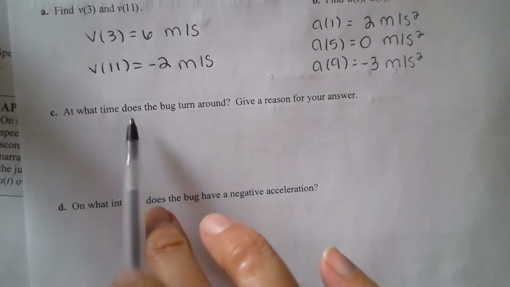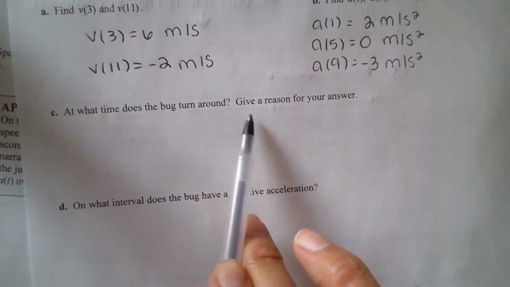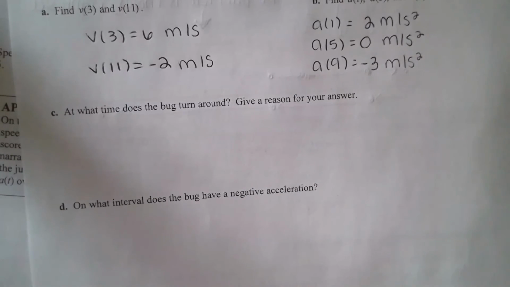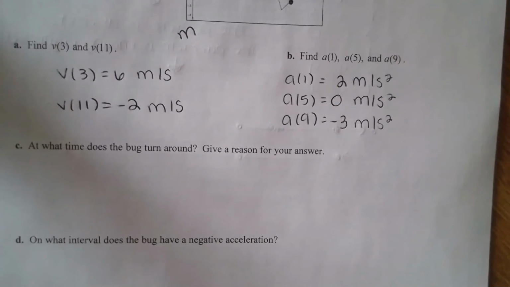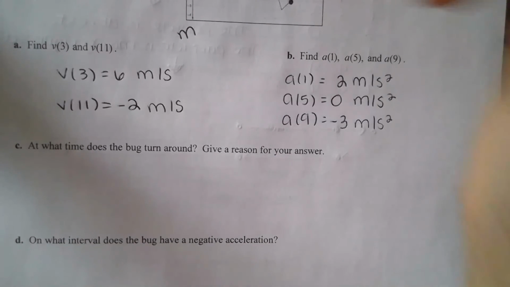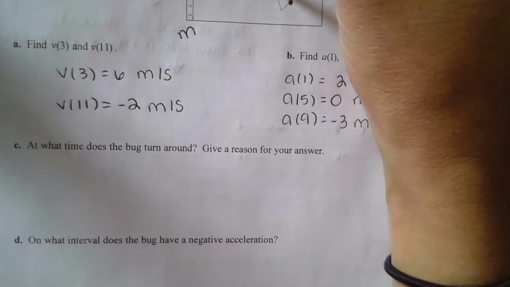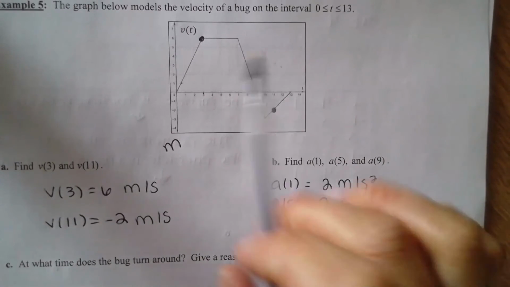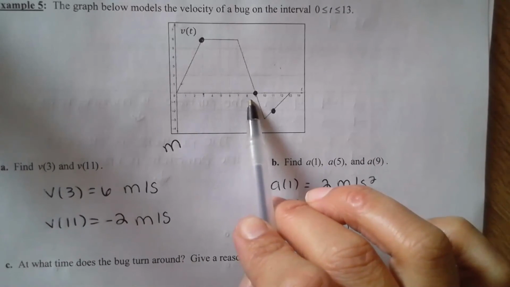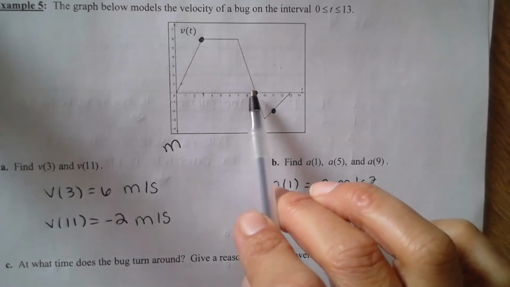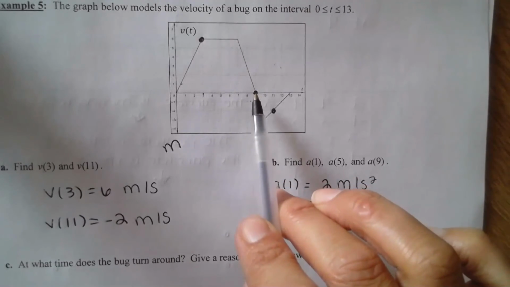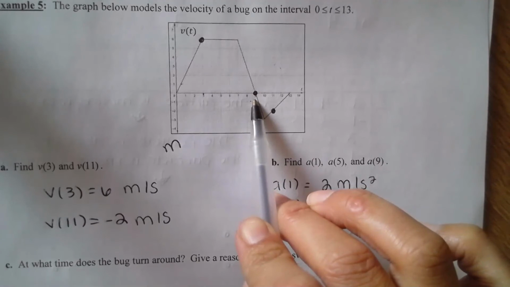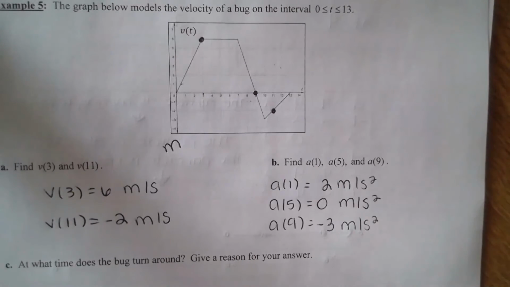At what time does the bug turn around? Remember, the graph you are given is velocity. It'd be at 9. Exactly.